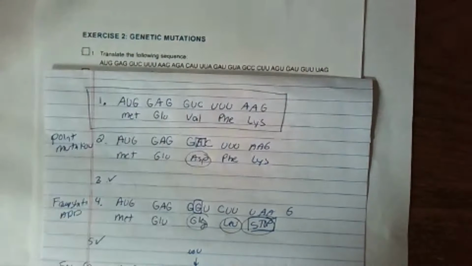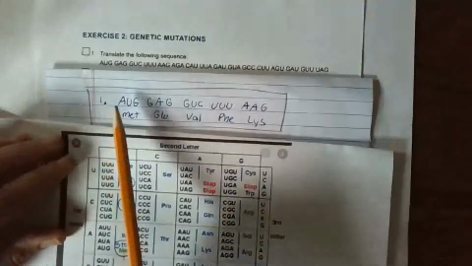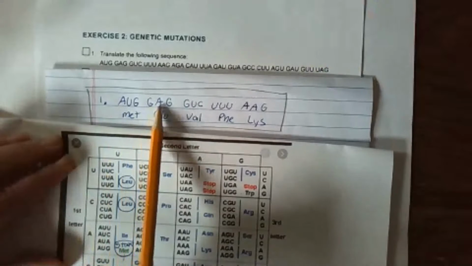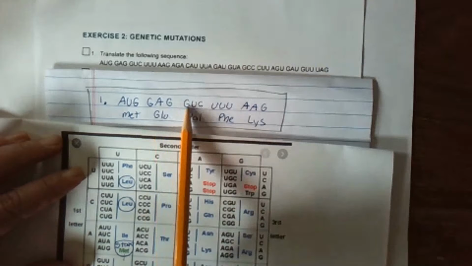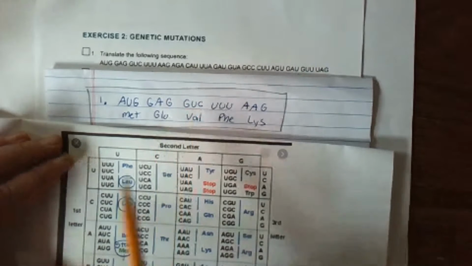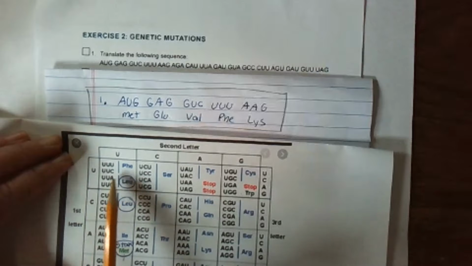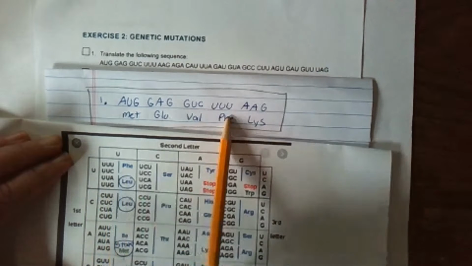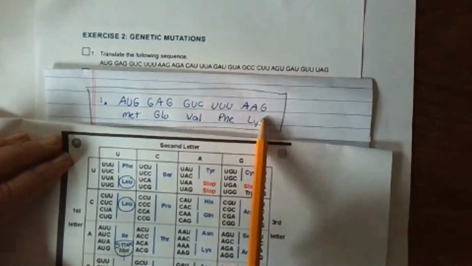For example, we already know that AUG codes for methionine. Then GAG, and that codes for glutamic acid. And then GUC codes for valine, UUU codes for phenylalanine, AAG codes for lysine. So do the whole chart.